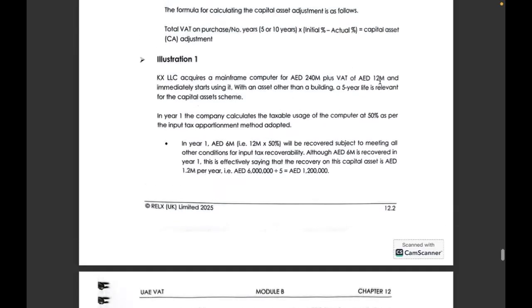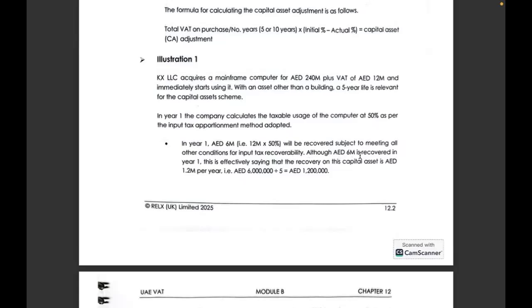Why 12 million? Because the total VAT on the asset was 12 million. So 6 million, total VAT into the taxable usage of 50%, will be recovered subject to meeting all other conditions for input tax recoverability.